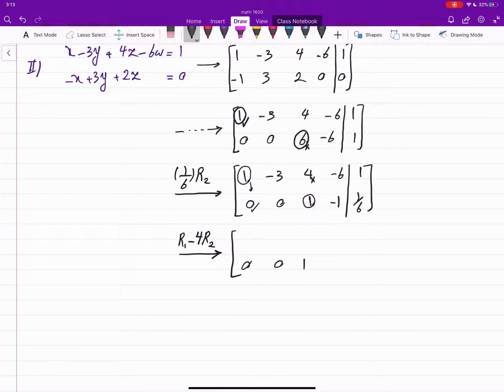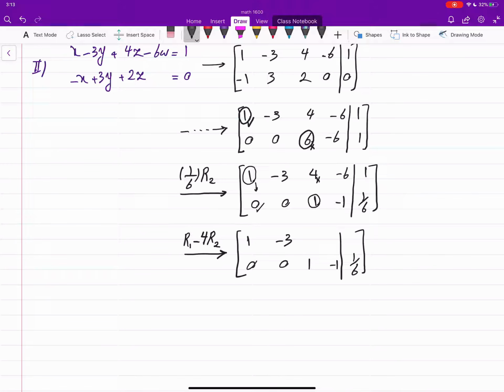So this is 1, this is negative 3. 4 minus 4 times 1 is 0. Negative 4 times negative 1 is just 4. Added to negative 6, you get negative 2. Negative 4 times 1 over 6 is negative 2/3. 1 added to that gives us 1 over 3.